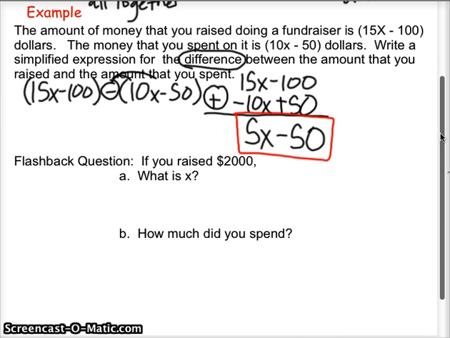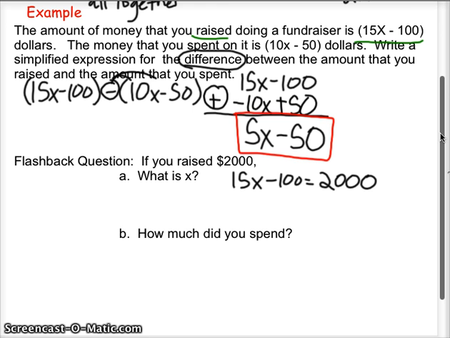Well, the amount that I raised was that 15x minus 100. So if I raised 2,000, well, that's giving me an equation now. So I can set that 15x minus 100 equal to 2,000. So saying I ended up raising 2,000. Well, this is something we should know how to solve.